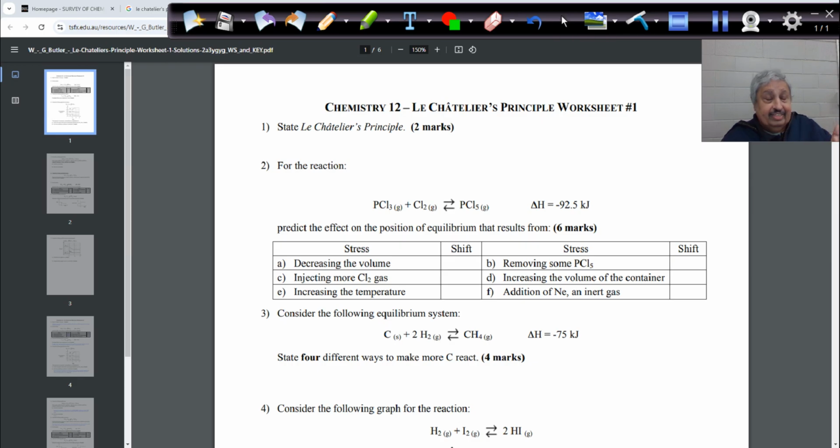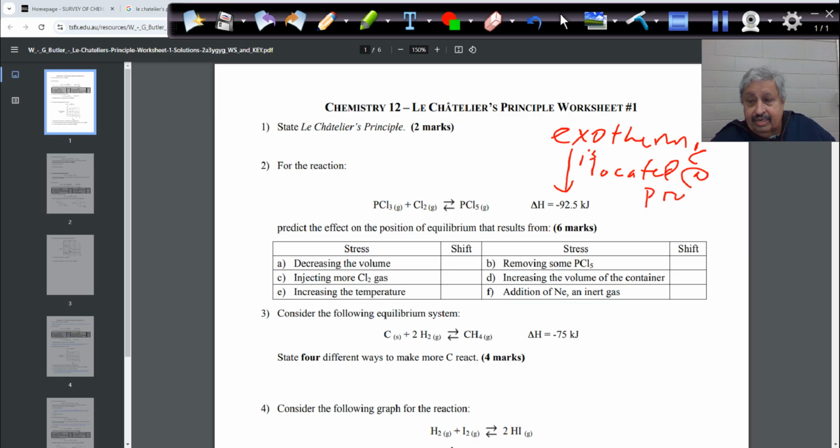Anytime I have the heat on the left side or a positive value, this is endothermic. So this is exothermic, and the heat is located at the product side.